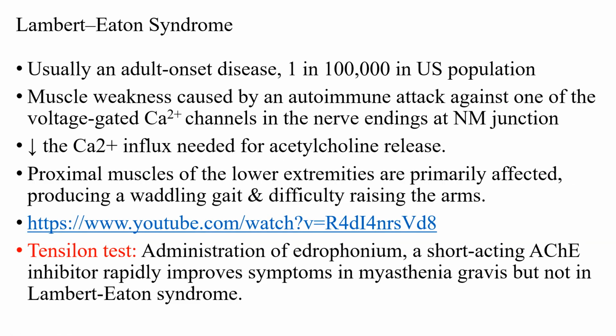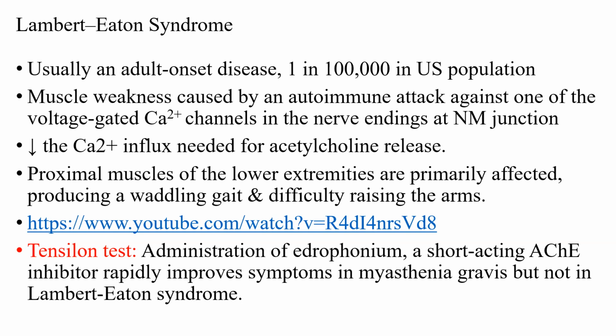Lambert-Eaton syndrome. This occurs in 1 in 100,000 of the population in the US. It is a muscle weakness, again similar to myasthenia gravis, but here the autoimmune attack is on the voltage-gated calcium channel in the nerve ending. So what will happen? Fewer voltage-gated calcium channels, less release of neurotransmitter.